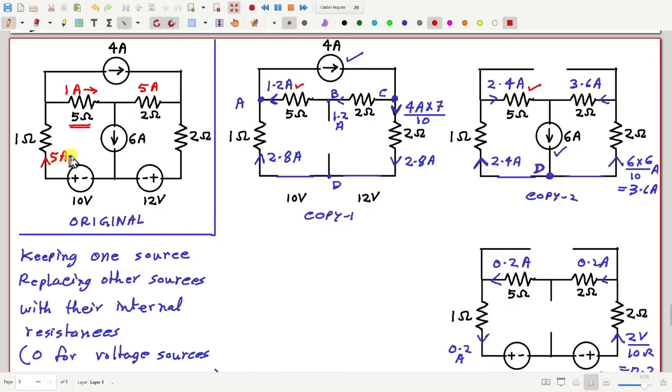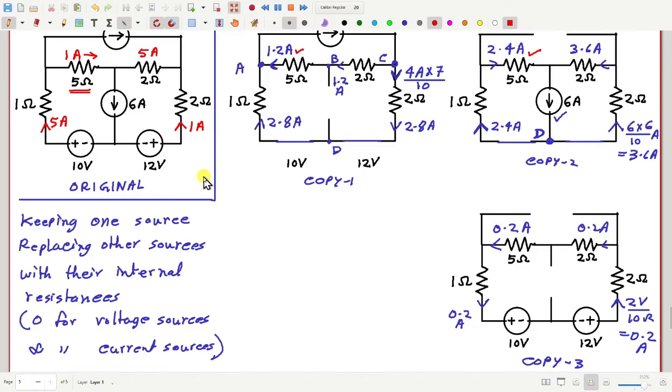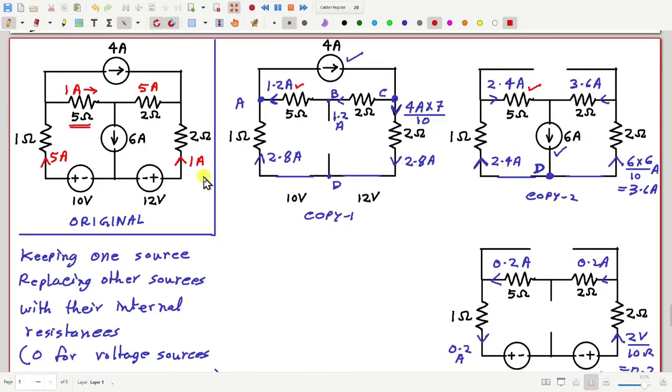Absolutely right, 5 ampere. And this current will be how much? 1 ampere. Okay, I'm trusting you. So this will be the solution of the original circuit. This is called the superposition method or superposition principle.